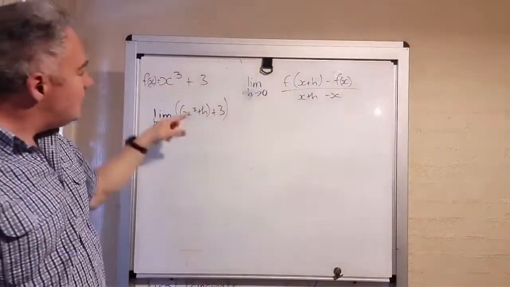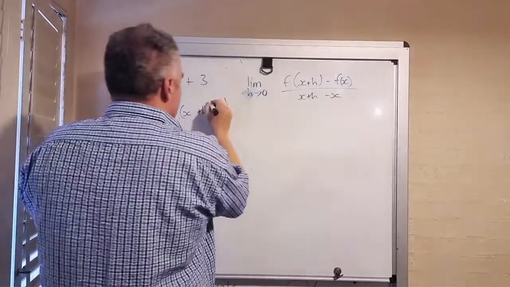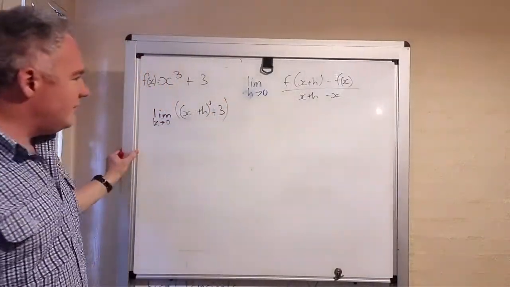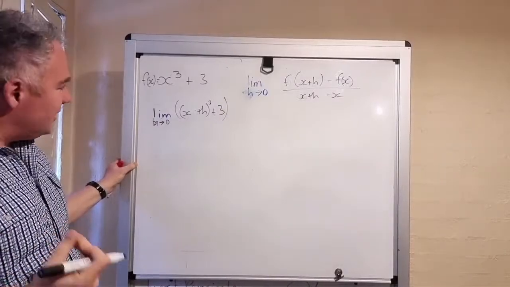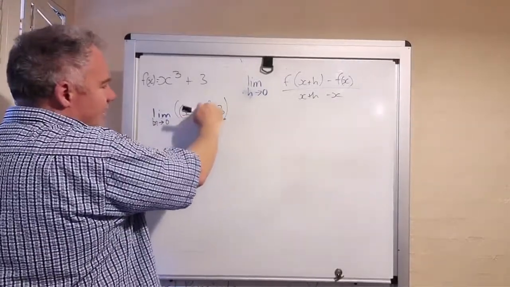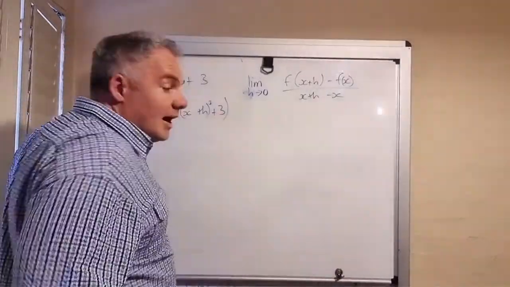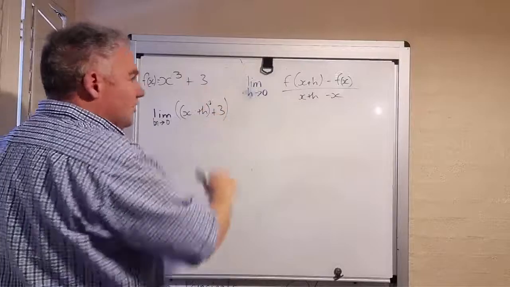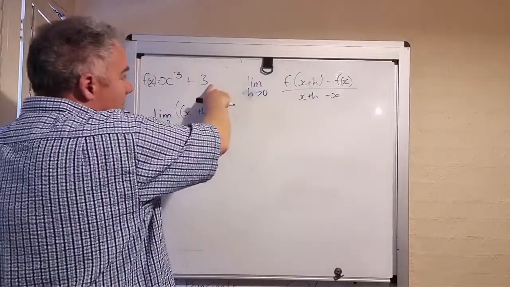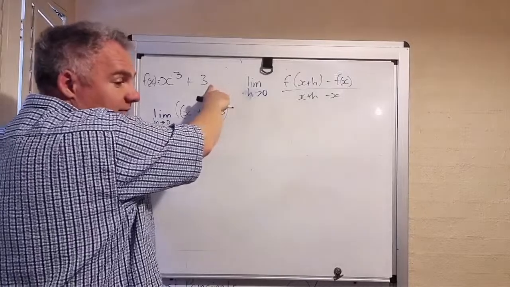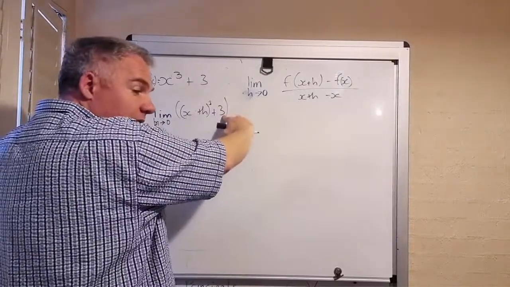Now notice I added h to the x. And notice too that I should have the cubed on my brackets, because for all of these, h is added, then it's cubed. Notice too that I didn't add h to the 3, because that's not a function of x. If there was an x there, say it was plus 3x, I'd go plus h there.